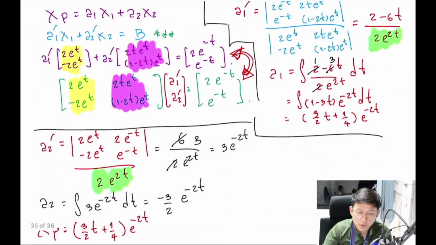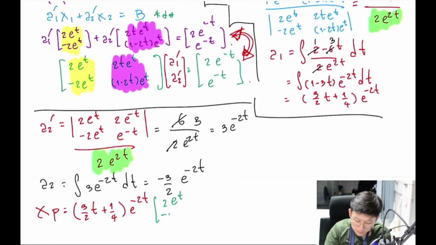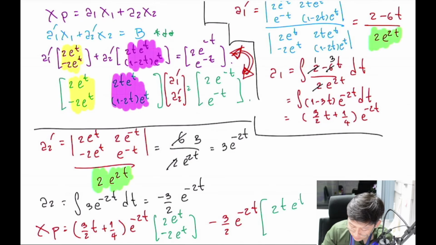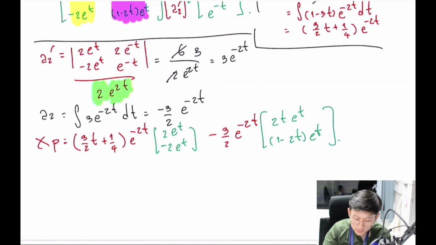Okay, so your x1 would be, what is it? 2e to the t and minus 2e to the t, and then plus a2, which is minus 3 half e to the minus 2t, and then a2 x2 would be 2t e to the t and 1 minus 2t e to the t, right? And that will be xp.